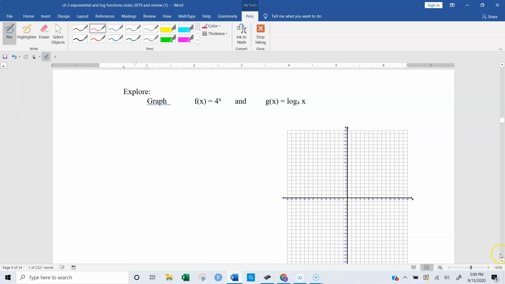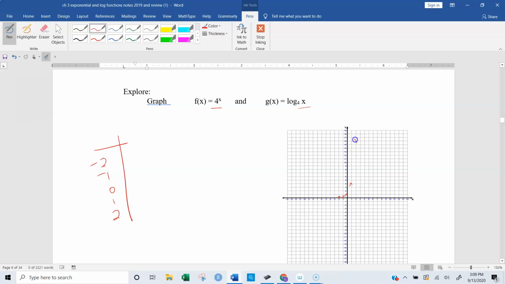Okay, try yours. If you graph 1, you should be able to do the inverse for the second. So for x, you can use your table if you want, or you can know what that is. Because if I know -2 is 1/16, -1 is 1/4, 0 is 1, 1 is 4, and 2, so 4 squared is 16.